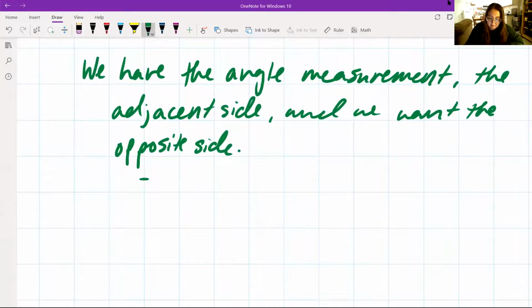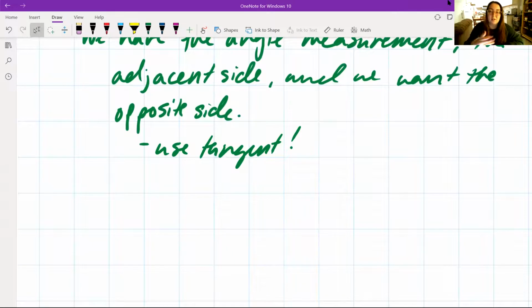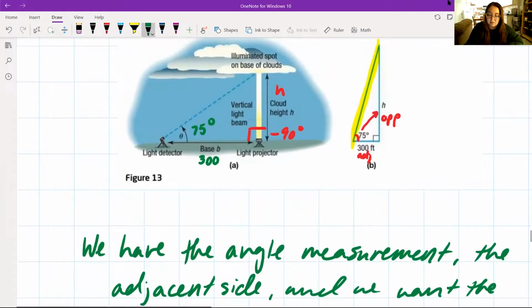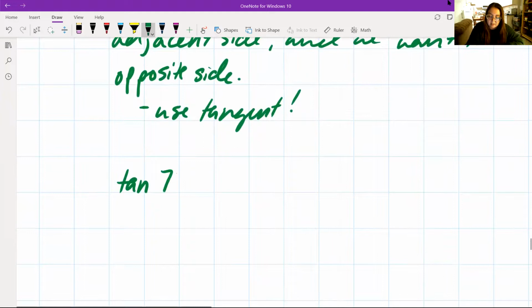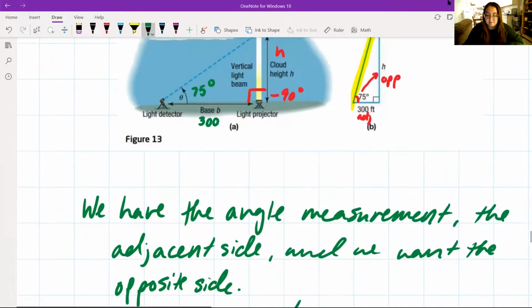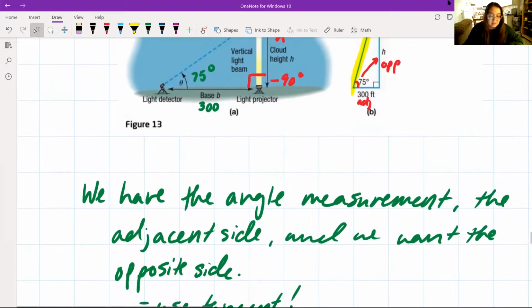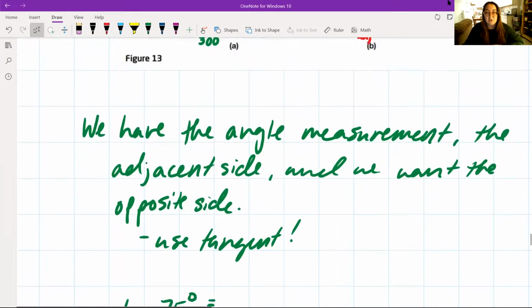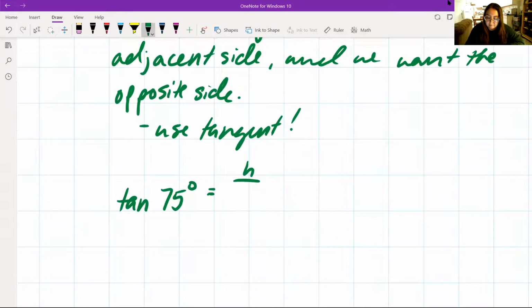According to our definition, tangent of theta, which in our case is 75 degrees, tangent of 75 degrees is equal to opposite over adjacent. So this is going to end up being h over 300, or height over 300.